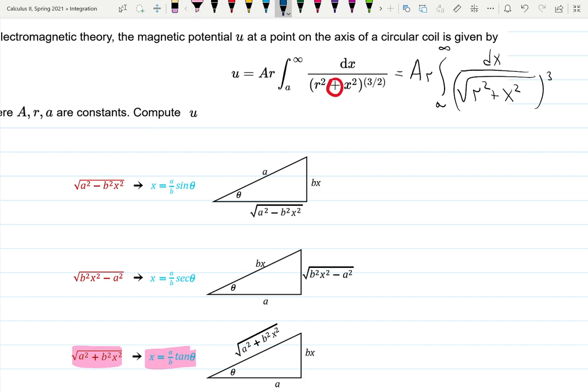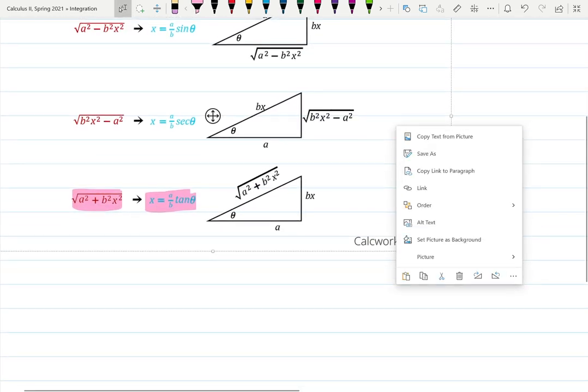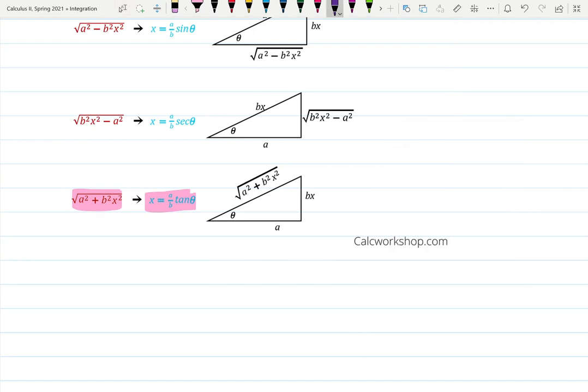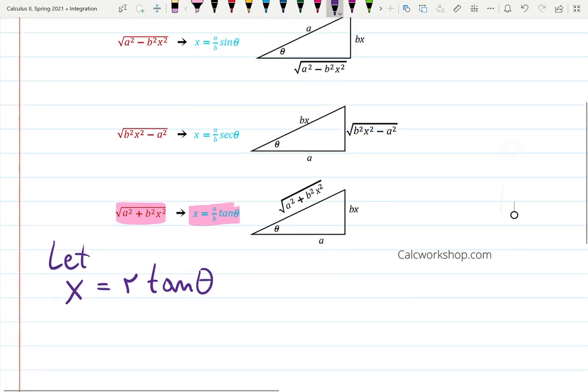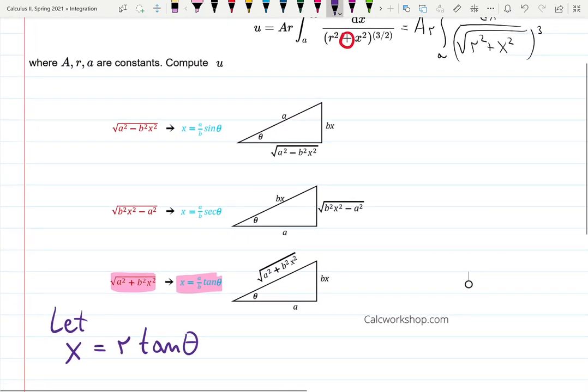Okay, let's do it. Let's start the fun game with lots of trigonometric functions. I like to make a joke about it. It already looked bad and now we want to introduce some trigonometric function to basically make it worse. So let x be r tangent theta. But it's a joke. It's actually going to help you because trig identities work out pretty well.